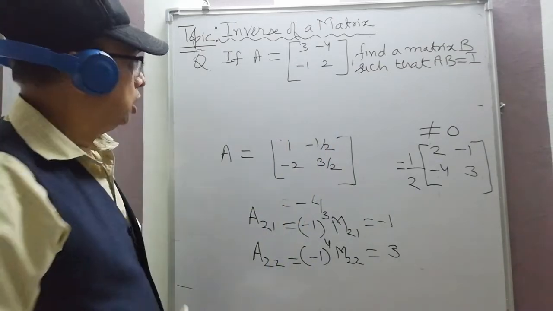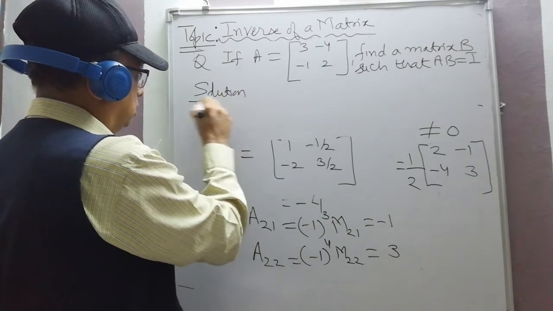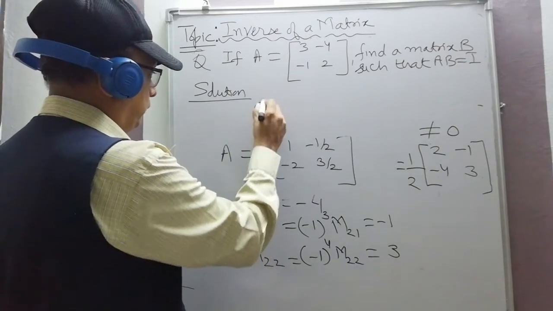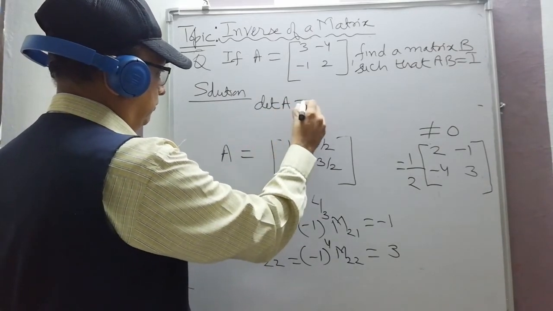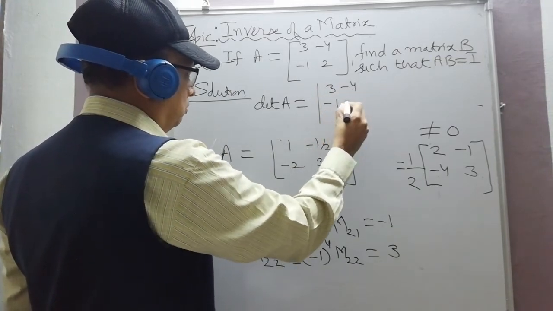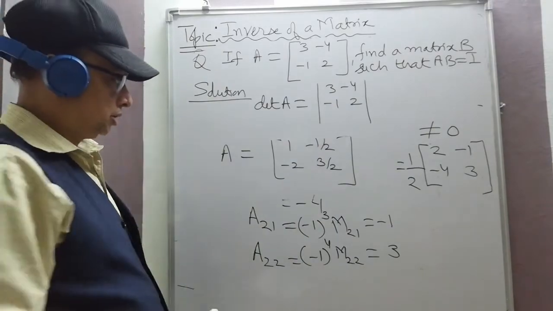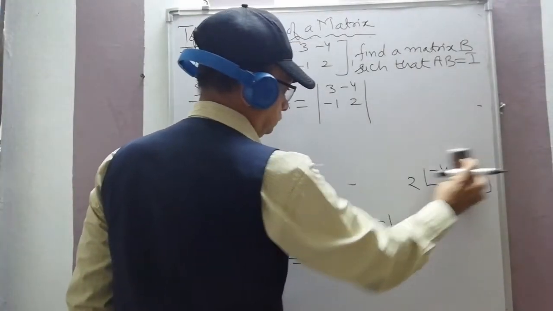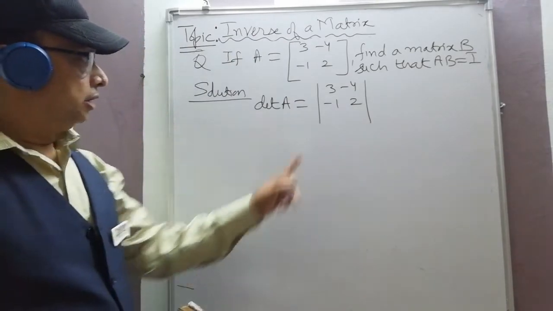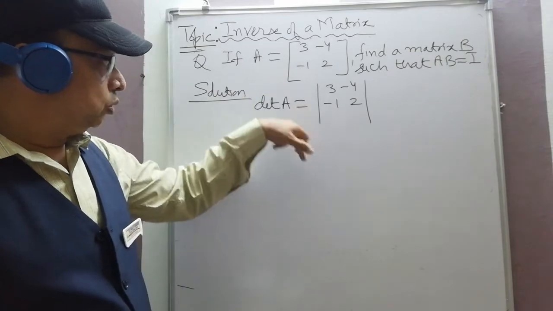Okay. So now what will I do? First, I will find the determinant of this matrix. Determinant A, 3, minus 4, minus 1, 2. Note down this. Remember, for the determinant you use 2 vertical lines.